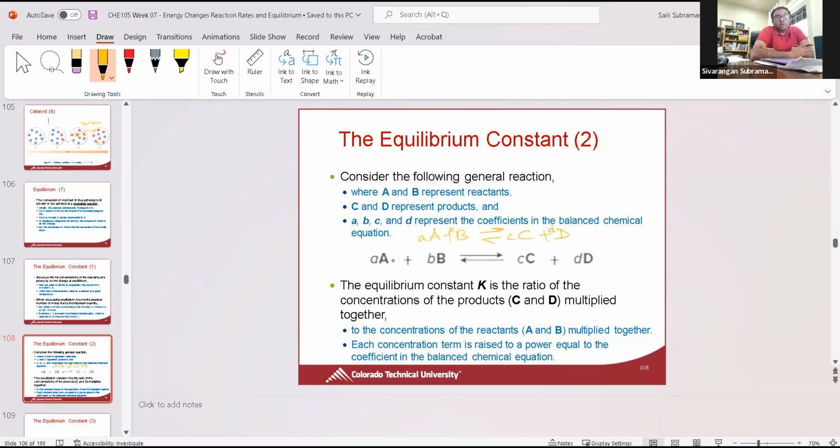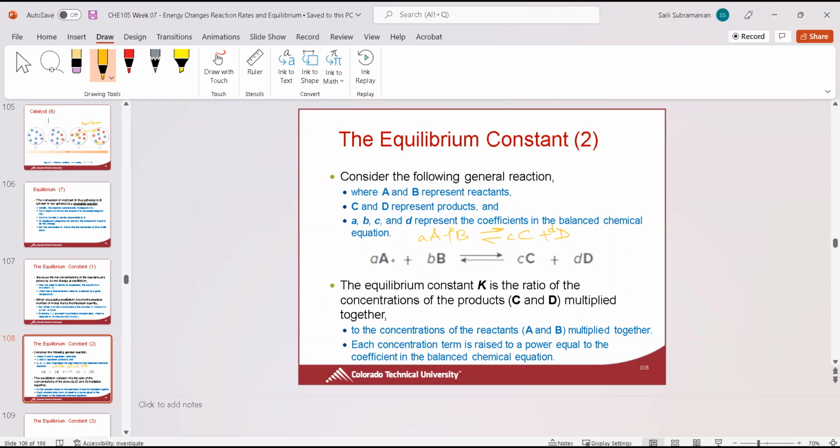Okay. So far, so good, guys? Yep. Okay. So now, this is what I really want to define.